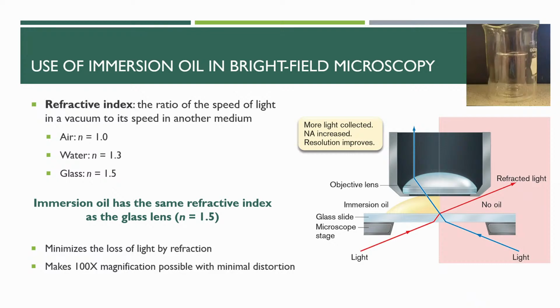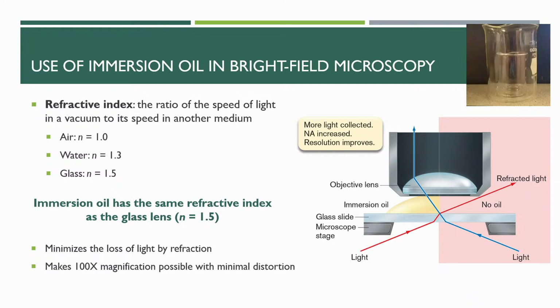So here you have a glass slide, and then on this side you have no oil. The microscope stage is down here, and over here is where the light source is coming up. So when the light hits the glass slide, with no oil, it's going to refract, and the light is going to be lost.